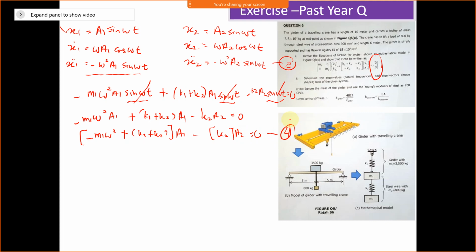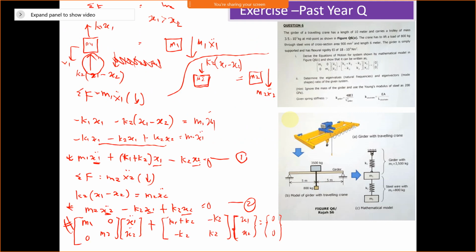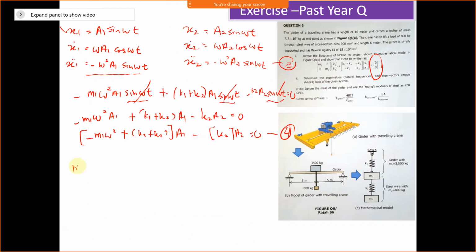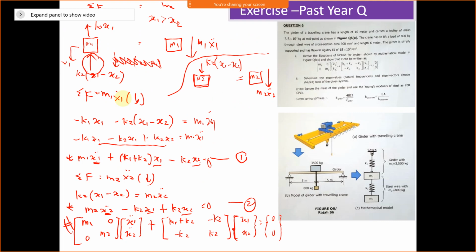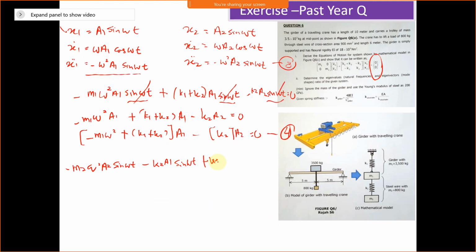Okay, and then untuk equation number 2 tadi kita masukkan dengan m2 x double dot 2 which is negative m2 omega square A2 sin omega t minus k2 A1 sin omega t plus k2 A2 sin omega t equals to 0.